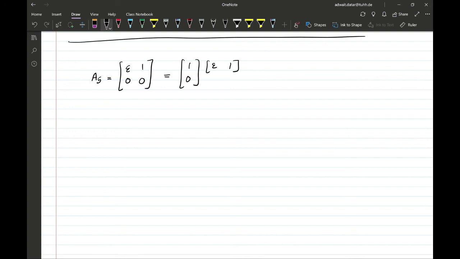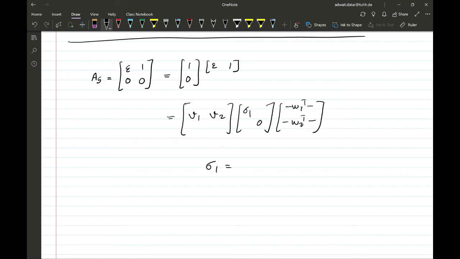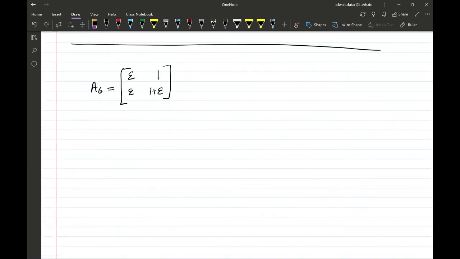So repeating things that we did for A4, we can write this as (V1 V2) times sigma 1, 0 times (W1 transposed, W2 transposed), where sigma 1 is nothing but the norm of the first vector, which is just 1, times the norm of the second one, which is this one here.